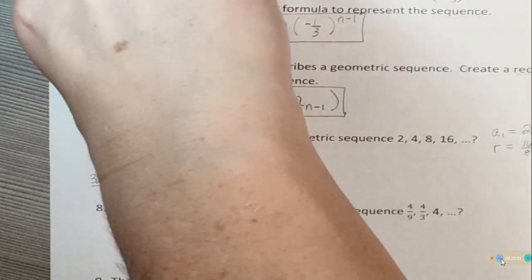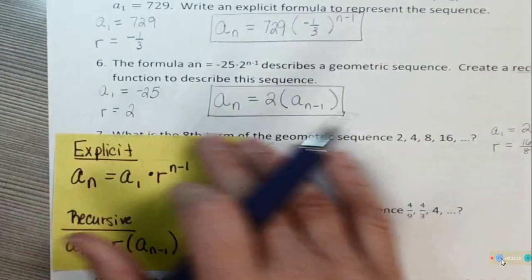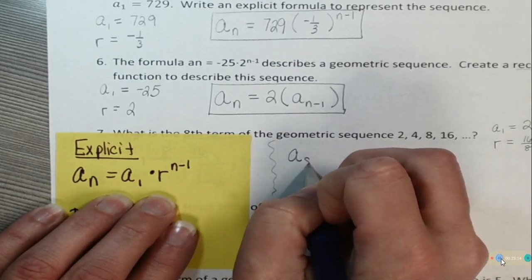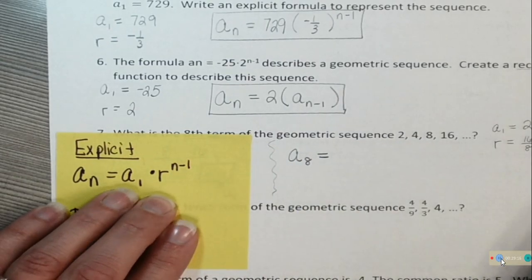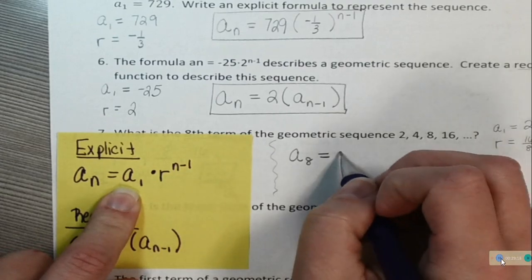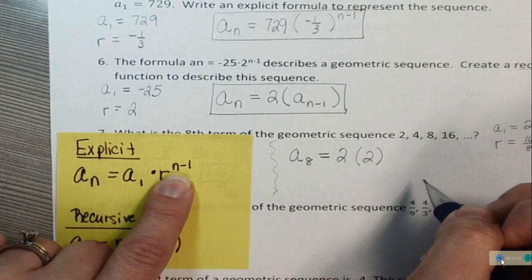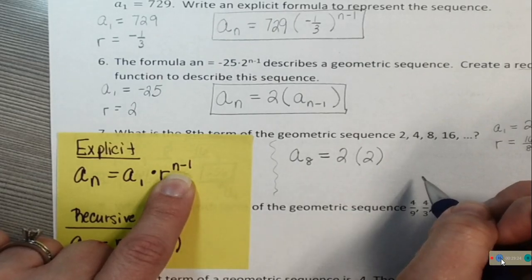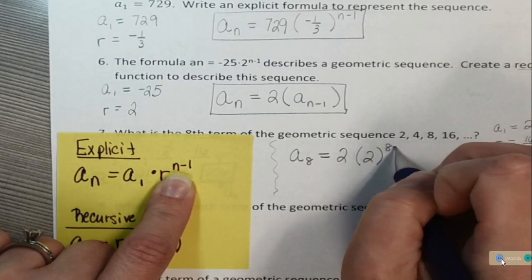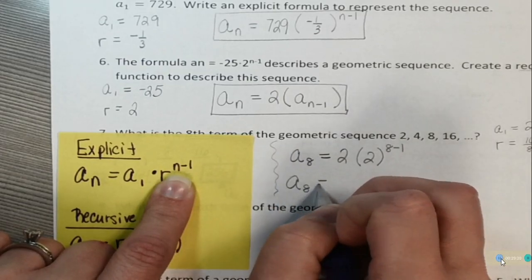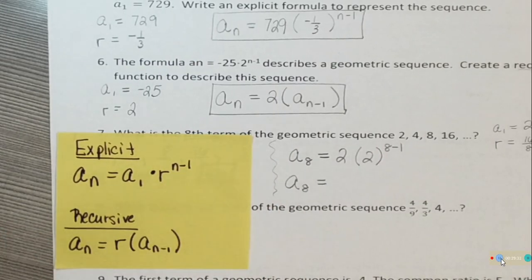Let me look at my explicit formula real quick. Explicitly, I want the 8th term, so I'm looking for A sub 8. A1, I know is 2. My R is 2. Do you happen to know your N now? What number term do you want? 8 minus 1. Now, you're working this, and when you get stuck, I want you to think, what would Miss Slusher do now?